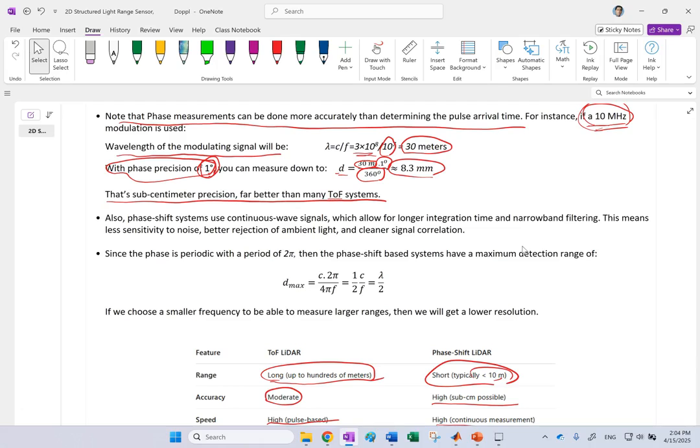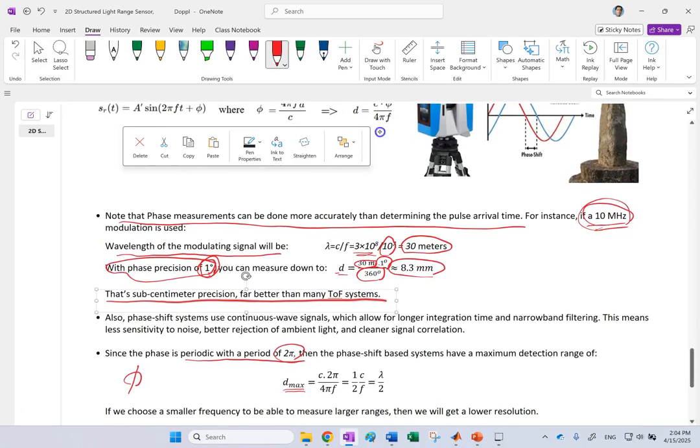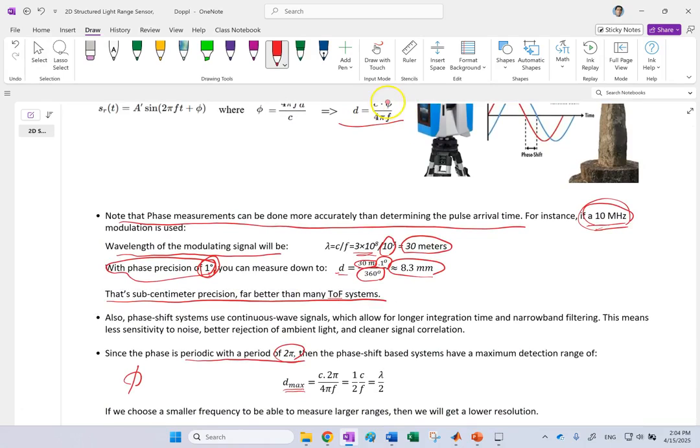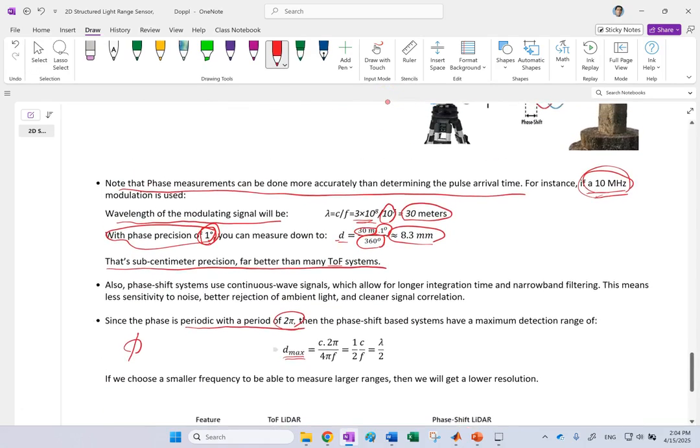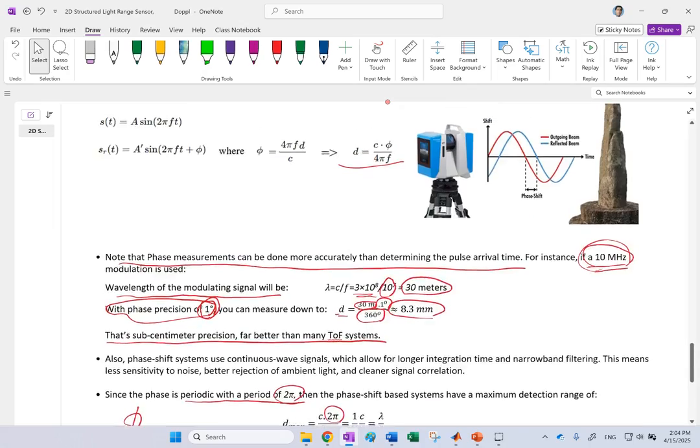The reason is this phi, which is the phase, is a periodic function and it repeats itself every 2 pi. So the maximum distance that you can measure without ambiguity, based on this formula I just showed you, is going to be c times maximum phi, which is 2 pi, divided by 4 pi f.